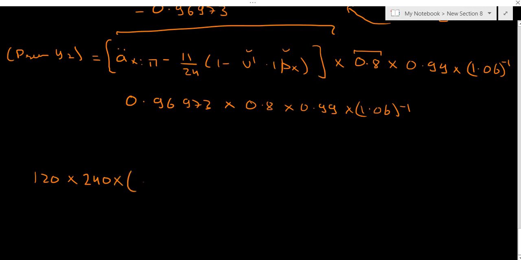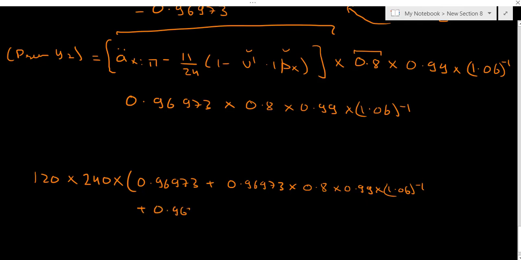In the first year it would be 0.96973, plus in the second year it would be 0.96973 into 0.8 into 0.99 into 1.06 to the power of minus 1, and in the third year it would be the same 0.96973 into, they will have to stay in the population for 2 years, so the renewal probability for 2 years is 0.8 squared.